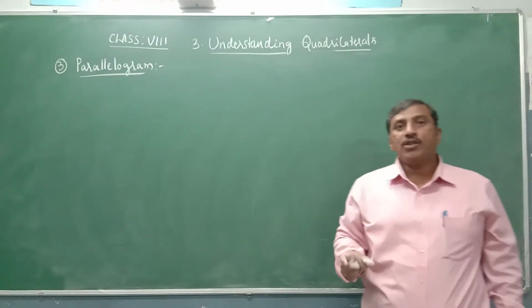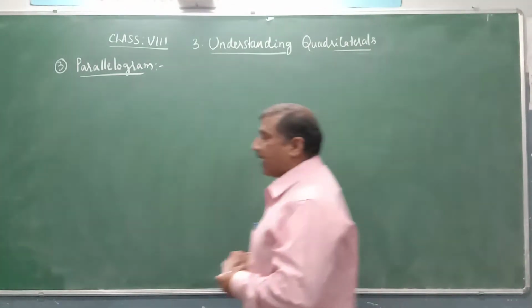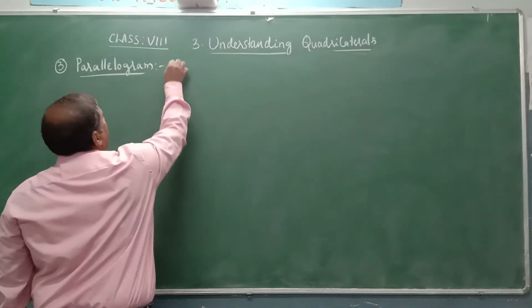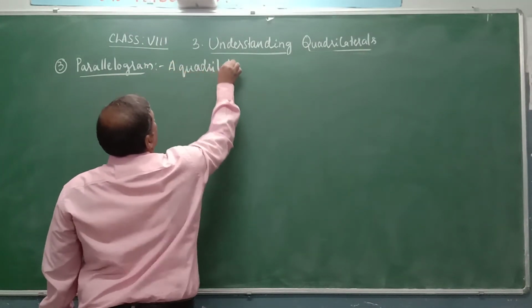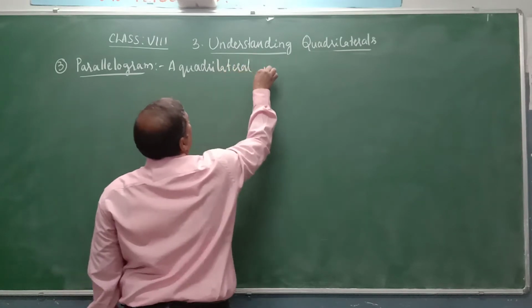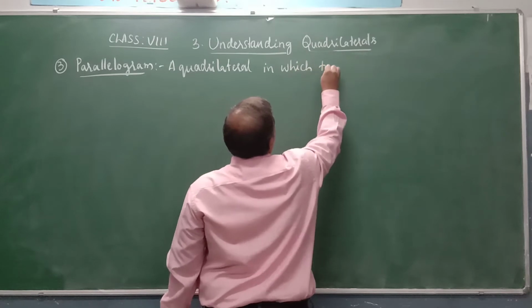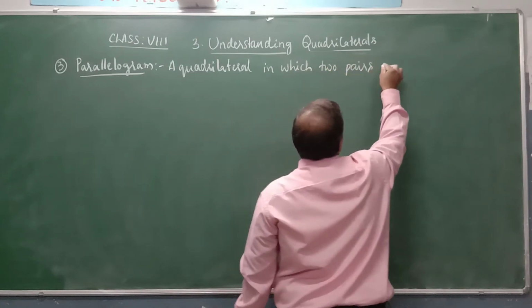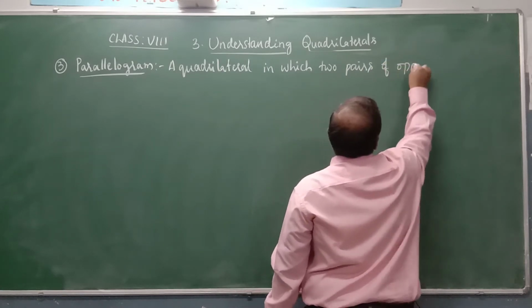Whereas in a trapezium only one pair of opposite sides are parallel, in a parallelogram two pairs of opposite sides are parallel.